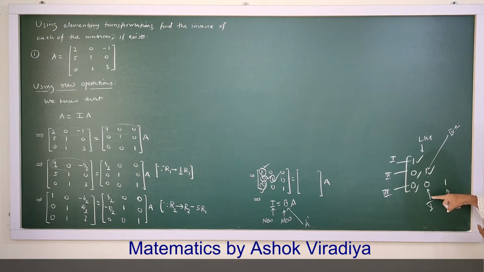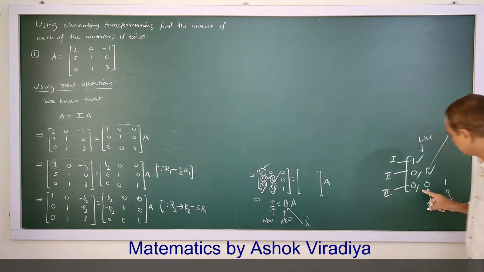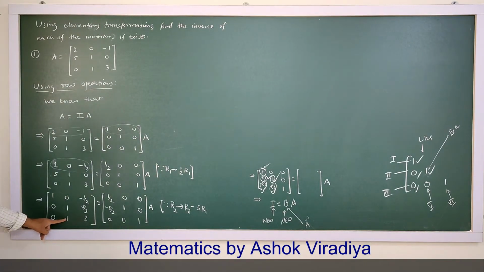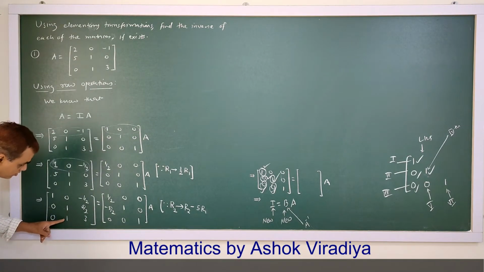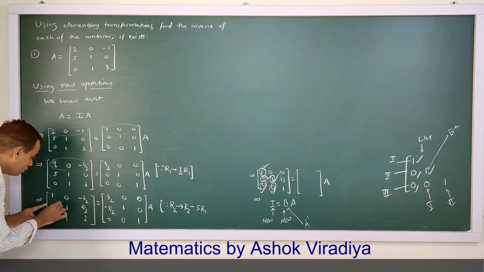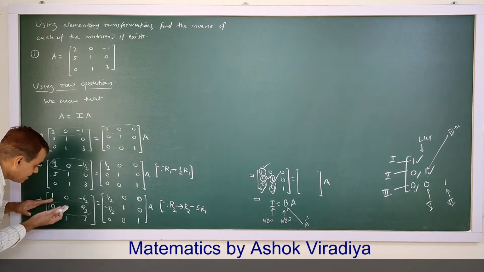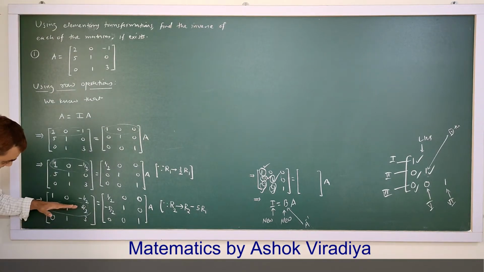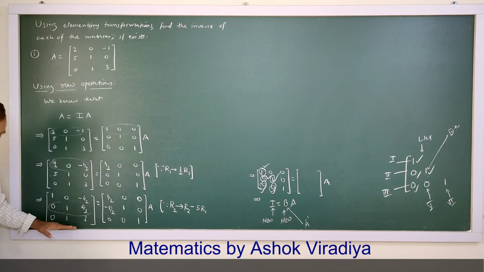Now look here, fifth step. We need 0 here. Now see here, there is no 0. So to set 0 here, what do we do? Observe the element exactly above it. This is 1. So if we subtract second row in third row, then this entry will be 0. Second row, we are subtracting in third row.